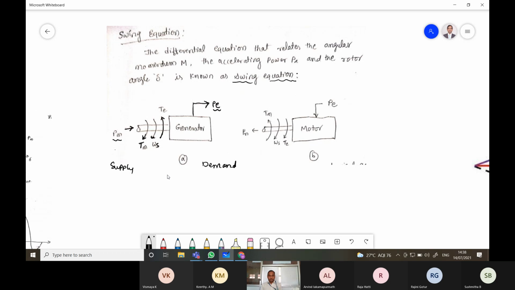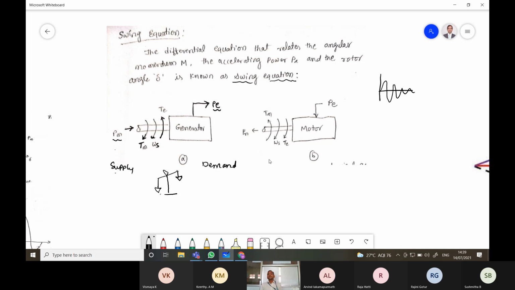Like a weighing machine: if it balances, it is okay, otherwise it will be swinging, continuously varying and damping.